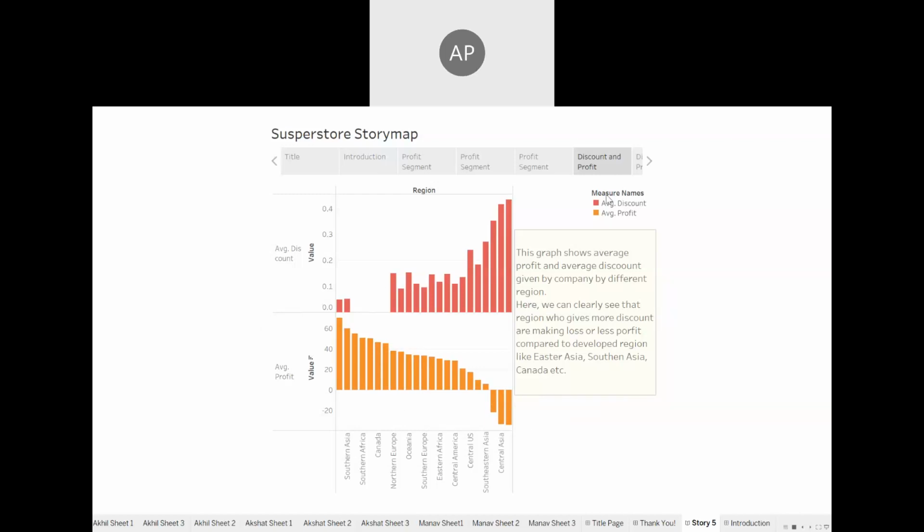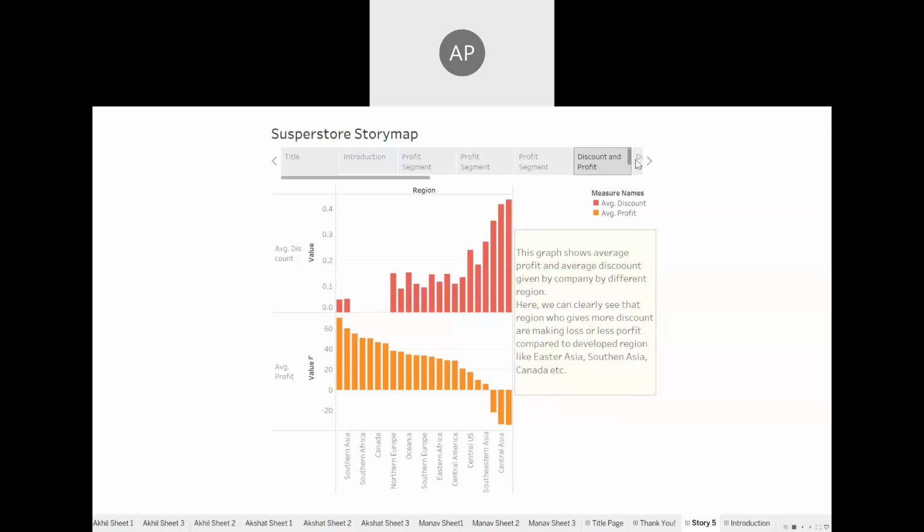And there are some other regions like Western Asia or Central Asia that are providing too much discount and are not making that much profit from the online sales, or you can also say that they are making a loss right now.